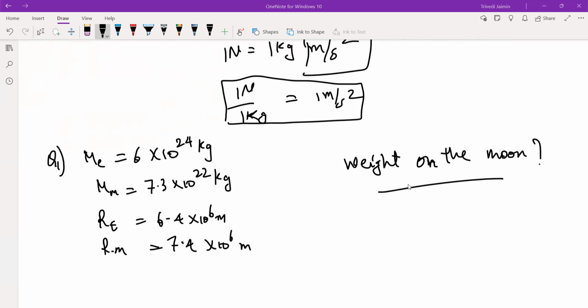In the next class we'll see mass and weight and the remaining topics: force, pressure, thrust, buoyancy, all other things. Okay, sir. Have you taken it? Will you try it? Don't forget this time, okay? Yes, sir.